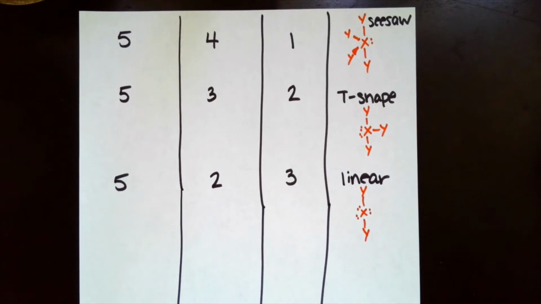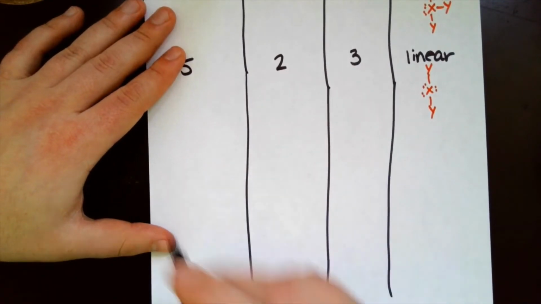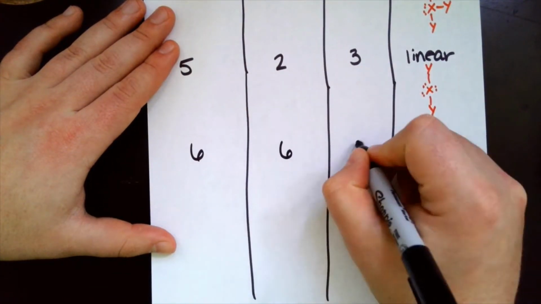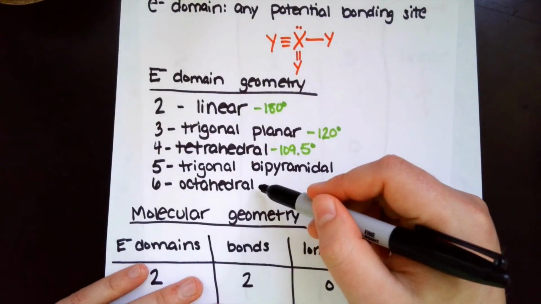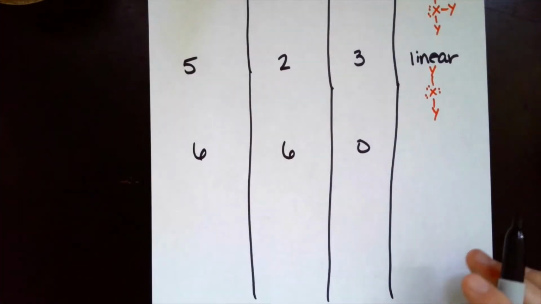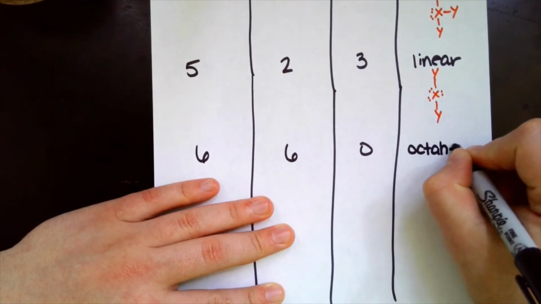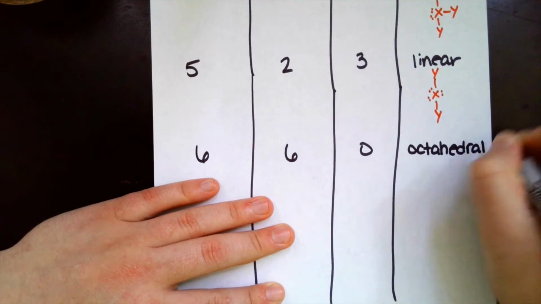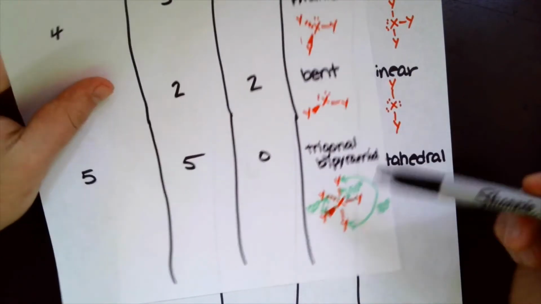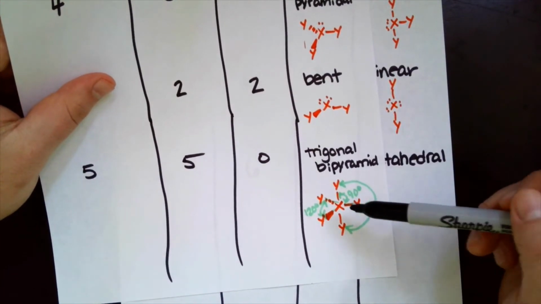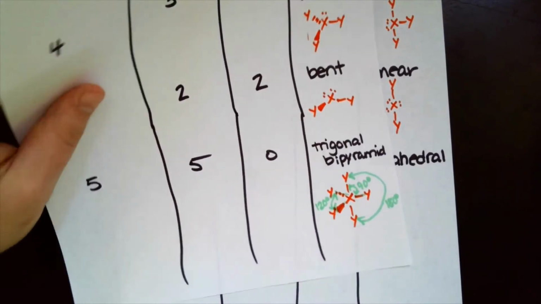And lastly, let's go to 6 domains. So if we have 6 domains, and they're all bonds, once again, we just take the electron domain geometry name, so it's octahedral. And this looks very similar to trigonal bipyramidal. The only difference is that instead of 3 atoms in the equatorial positions, you now have 4.